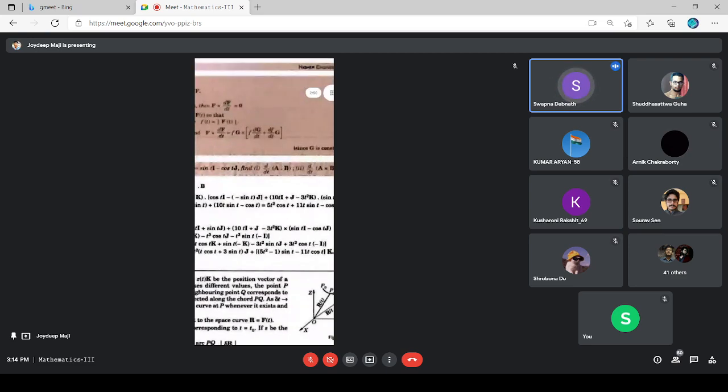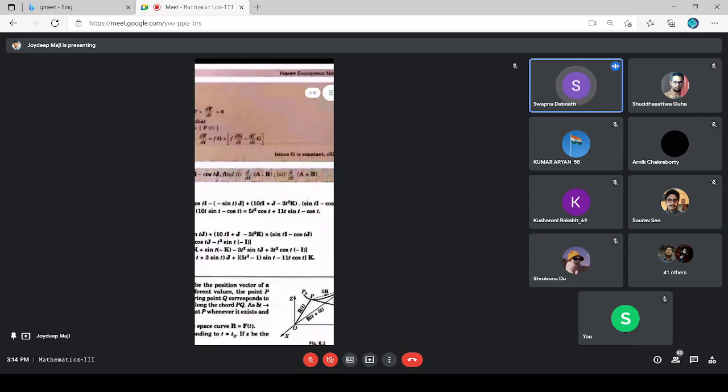Now, these are the examples. See example 8.1. Here functions a, b are given. You have to find d/dt of a dot b and d/dt of a cross b. Simple thing.